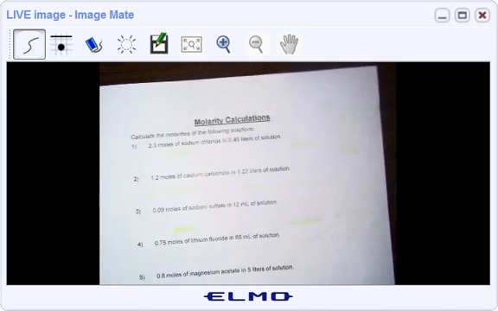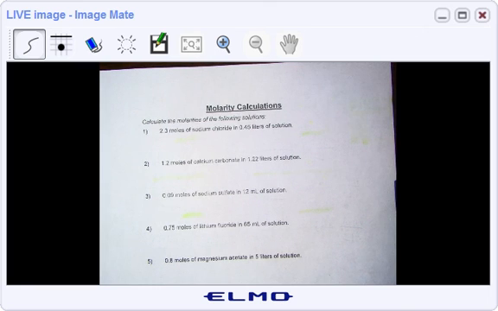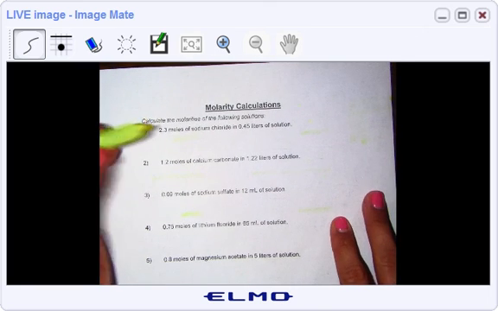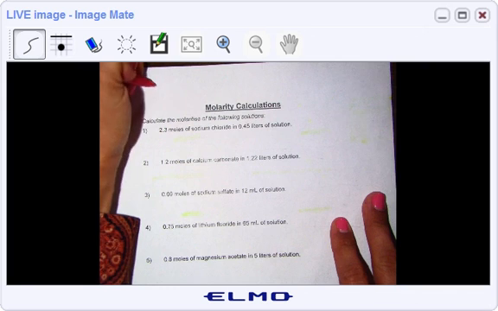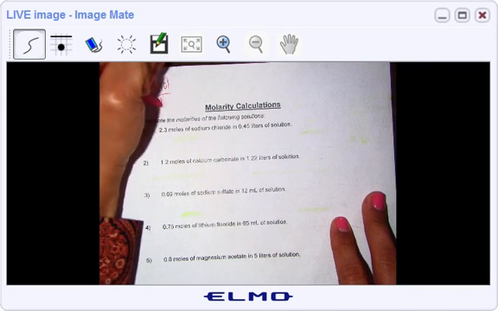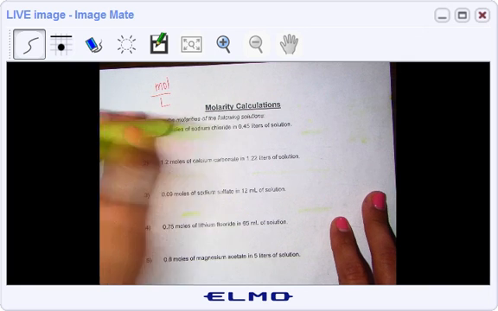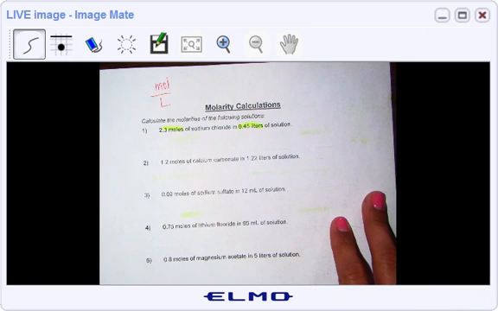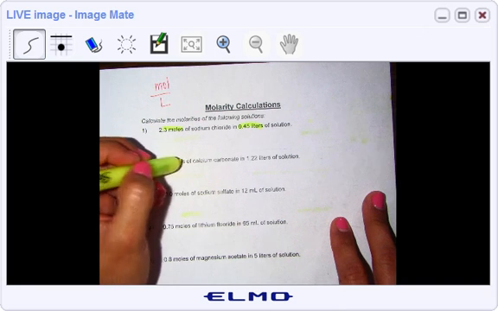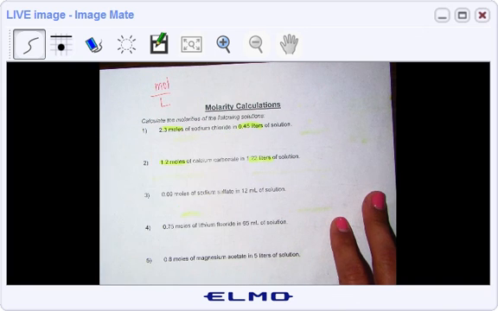On the back, you're doing the same thing. The first couple ones are easy because, again, the formula is moles divided by liters. Those are the only 2 things you need. And look, you're given moles and liters. So right off the bat, you can divide those. Same for here. Number 2.